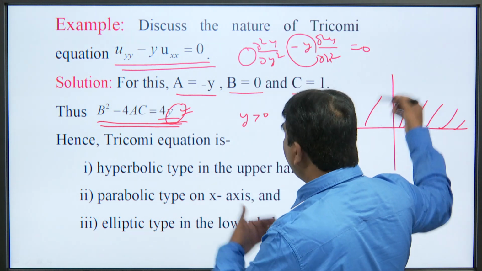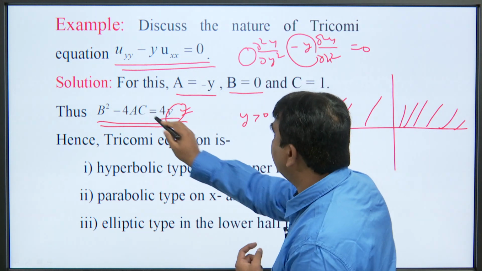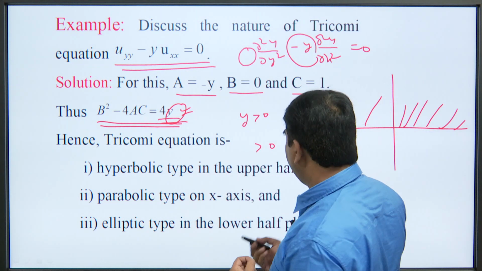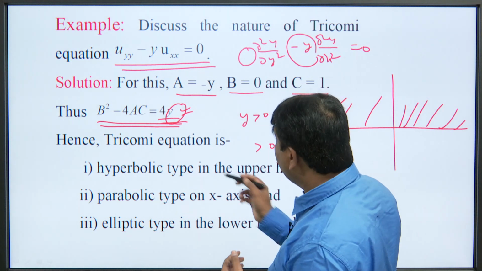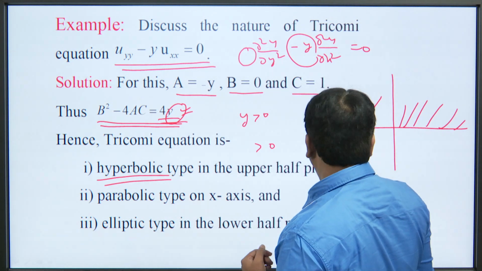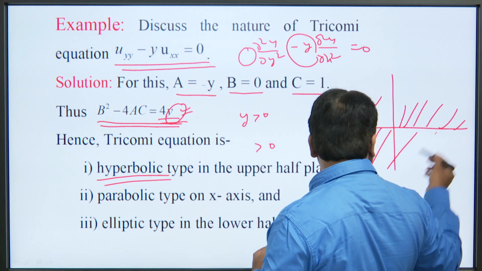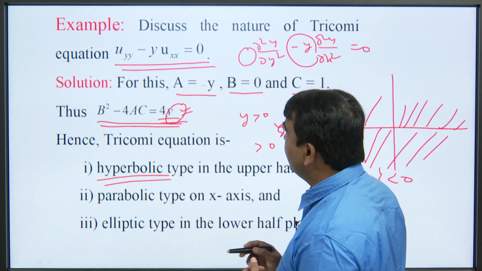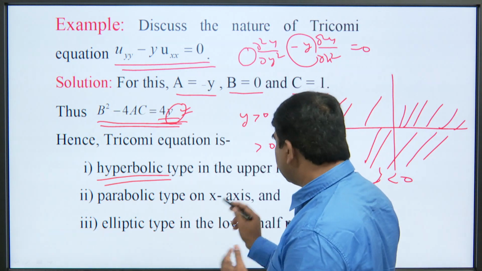So, for the upper half plane the Tricomi equation represents hyperbolic, and in the lower half plane y is less than 0, which means b square minus 4 a c is less than 0.